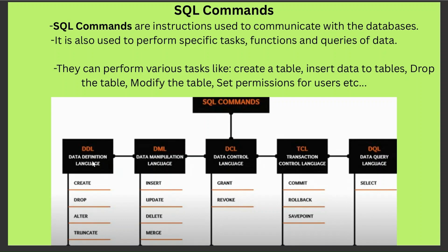So we have data definition language. Examples of data definition language include create for creating a table, drop for dropping a table, alter for altering a table structure, and truncate for truncating a table. We also have another category called data manipulation language.